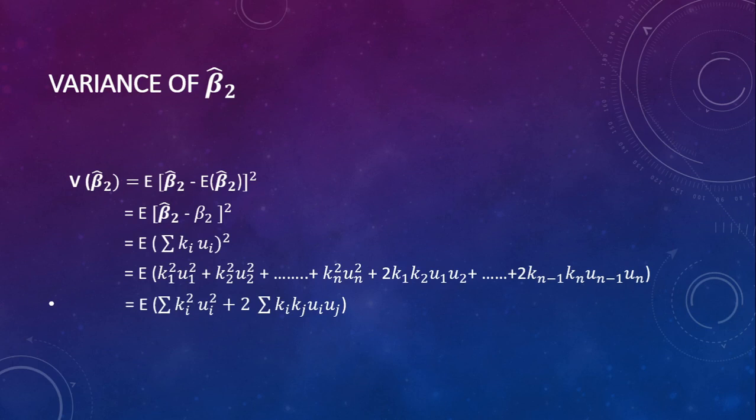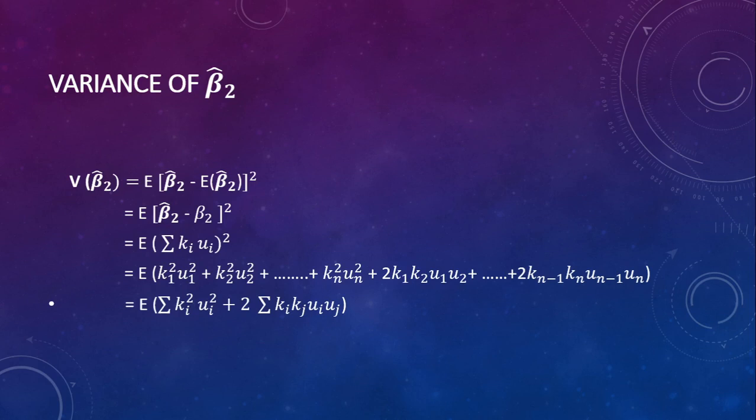So this is equal to expected value of k1 square u1 square plus k2 square u2 square etc. plus kn square un square. So these are the square terms. Then we have the product terms, 2 into k1 k2 u1 u2 plus 2 into k2 k3 u2 u3 etc.